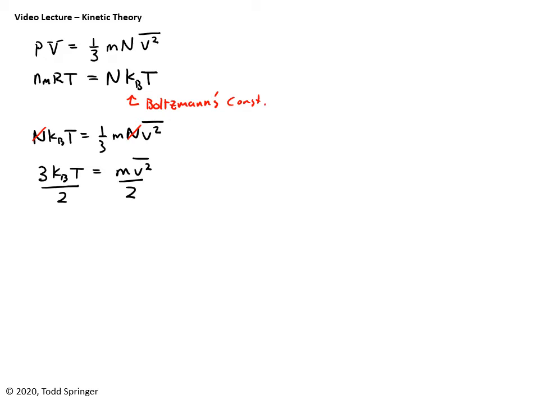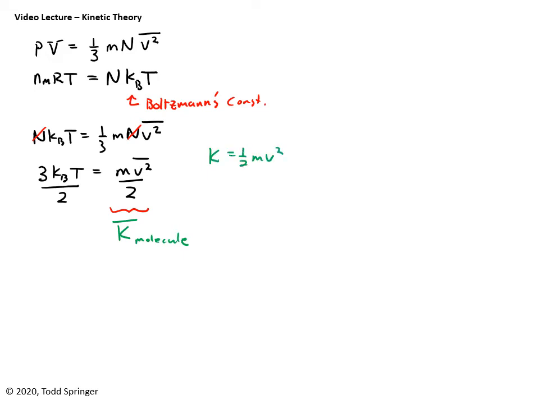And why do I want to do that? Because what you see here, 1/2 m v squared, should remind you of something from your past. So this is kinetic energy, right? It's the average kinetic energy of a molecule, because kinetic energy, K, is 1/2 m v squared.